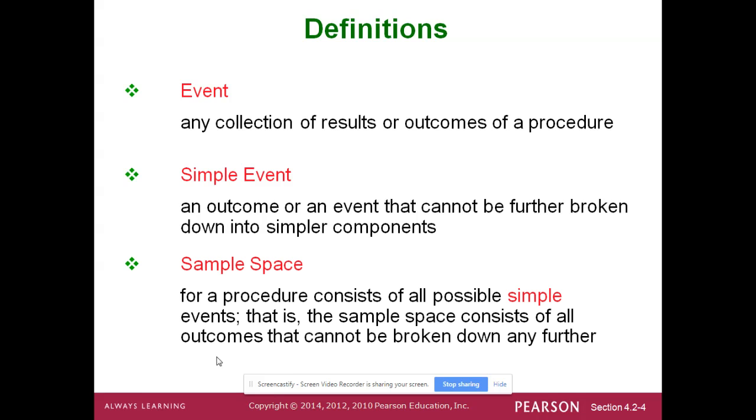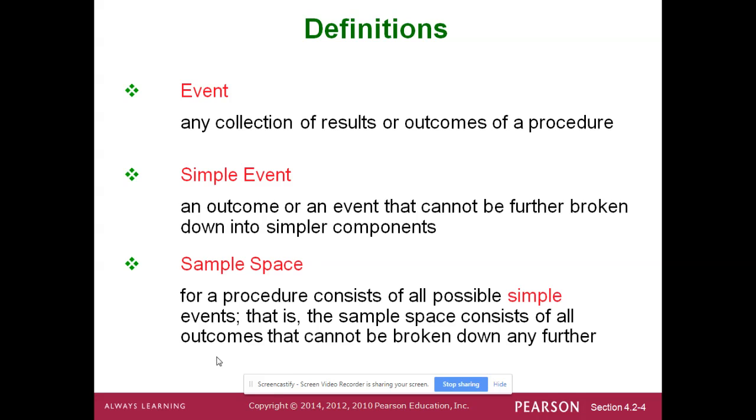A sample space, when we're talking about probability, is all the possible simple events. So if it's flipping a coin, the sample space is heads and tails. That's it. Okay. If it's drawing cards, the sample space is each individual card. Rolling a die would be the numbers 1 through 6 are possible. Those are the things that could happen. Sample space are the outcomes that can't be broken down any further.